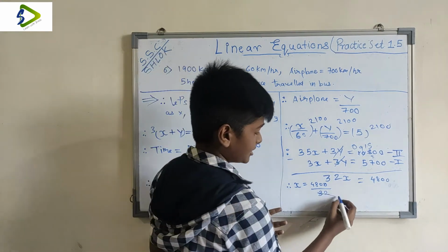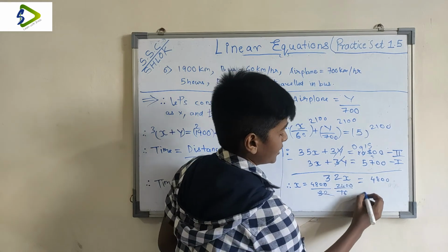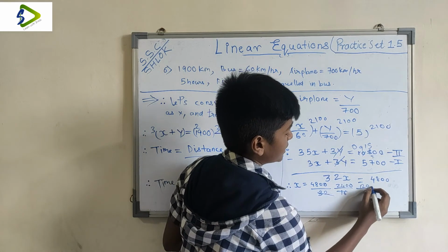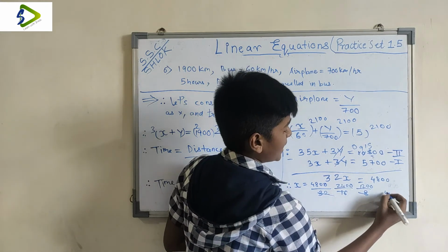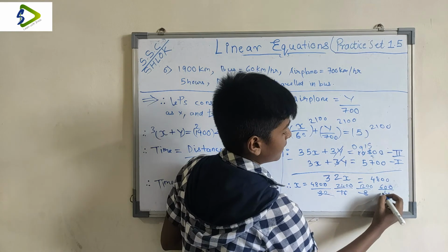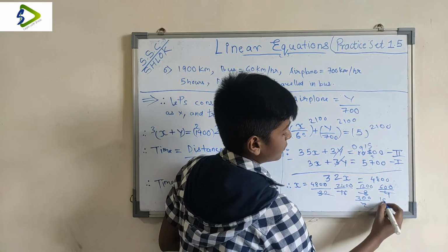You can divide, let's divide this by 2. So 16 by 2,400, 8 by 1,200, 4 by 600, and 2 by 300, and if you do one more you get 150.